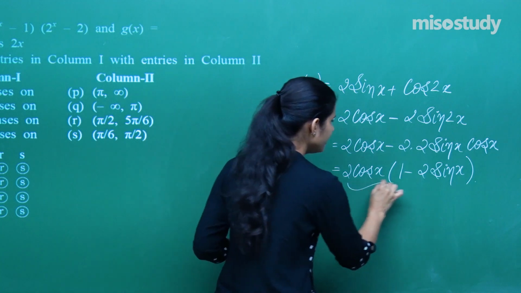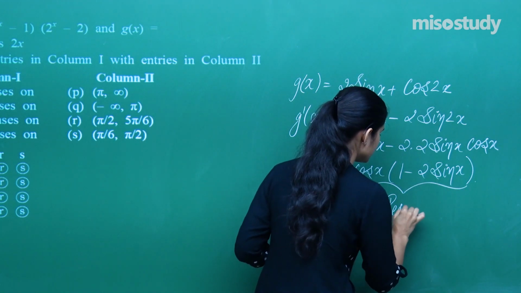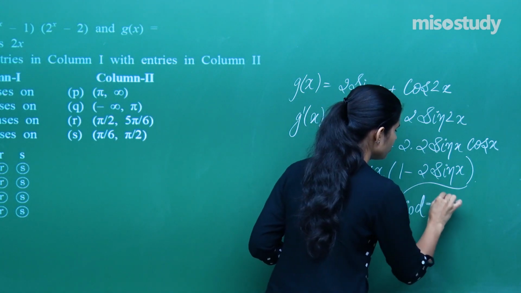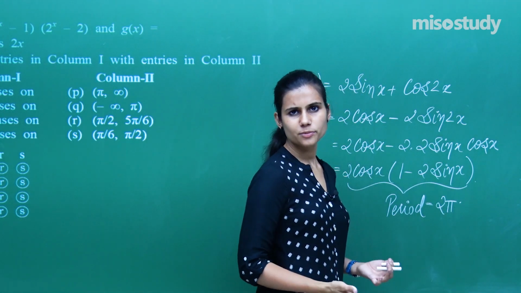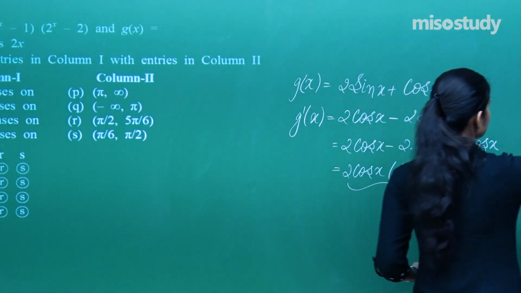Right? Clearly this function's period is 2 pi. So only in 0 to 2 pi closed interval, let's observe the behavior. When is it increasing, decreasing?